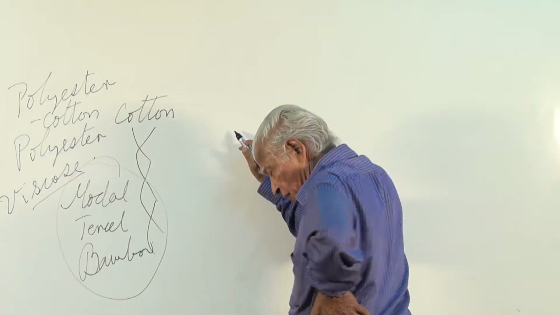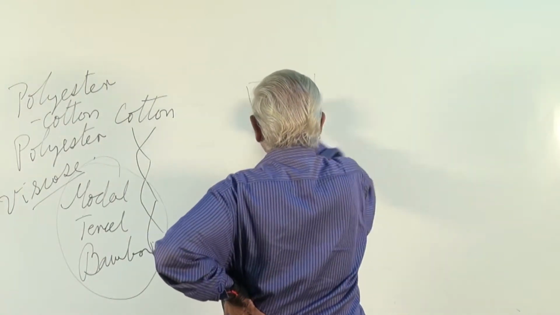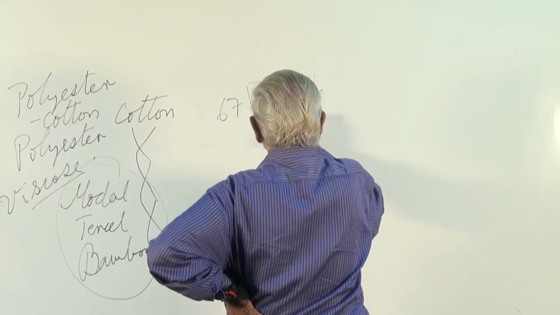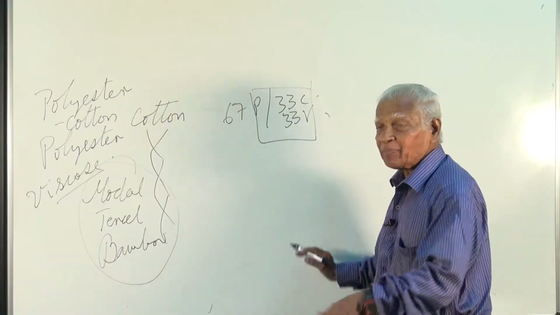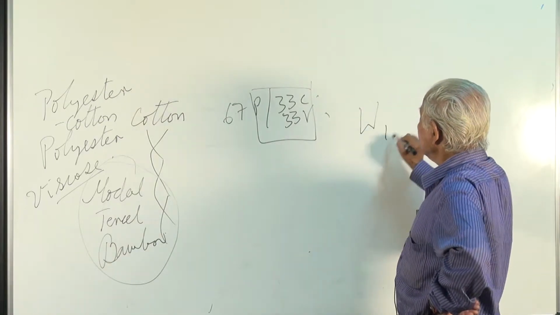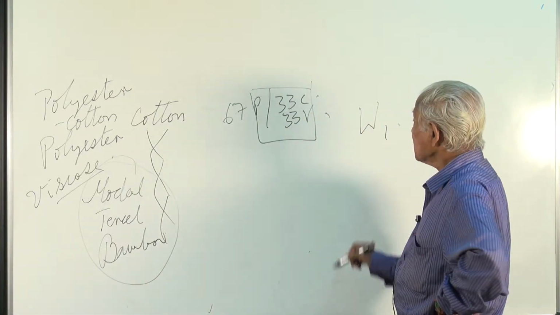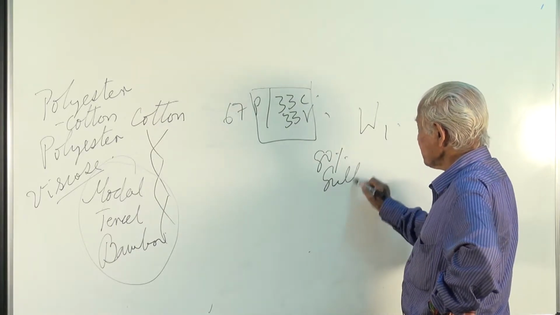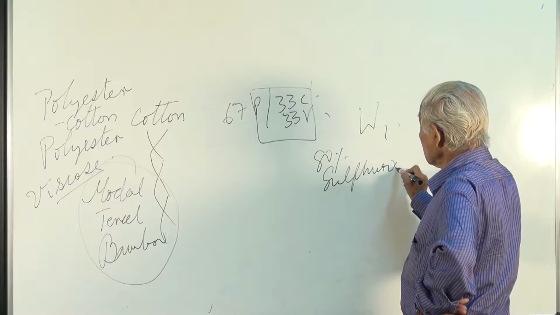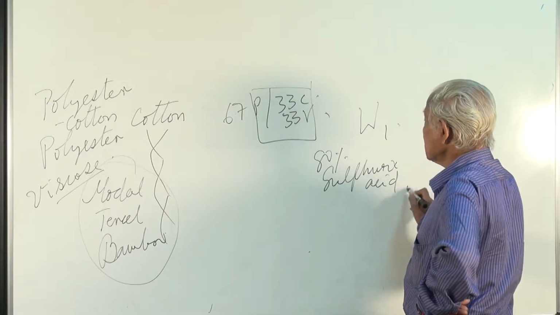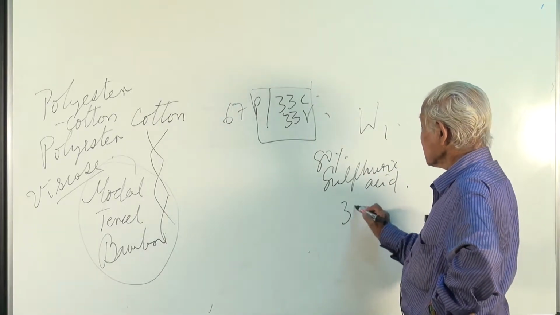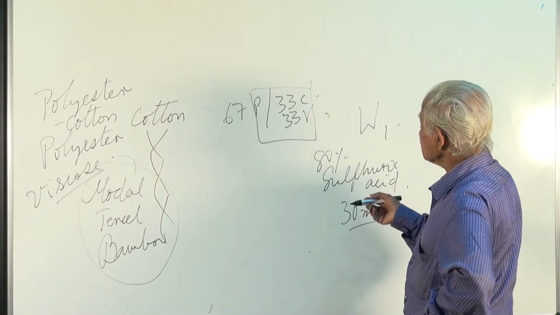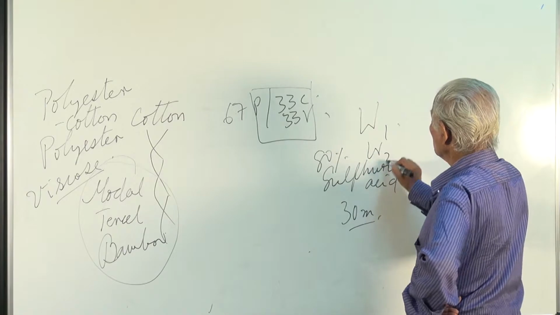Let us say we have a fabric which contains 67% of polyester and 33% of cotton, or 33% of viscose. Fabric is made, let us denote its weight by W1. Then this is treated with 80% sulfuric acid solution in cold condition for about half an hour. Then it is washed and its weight is determined, W2.